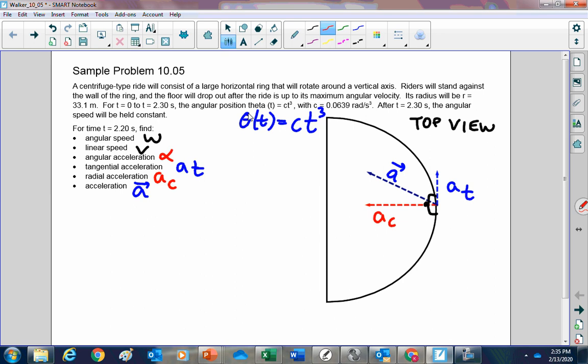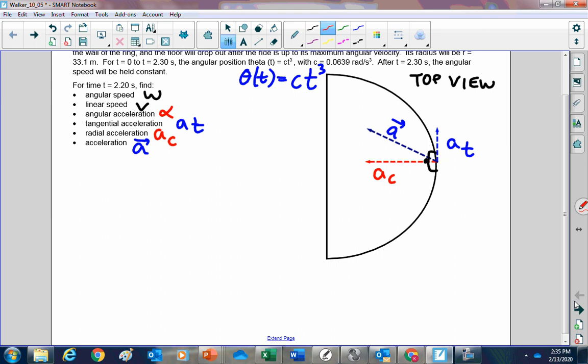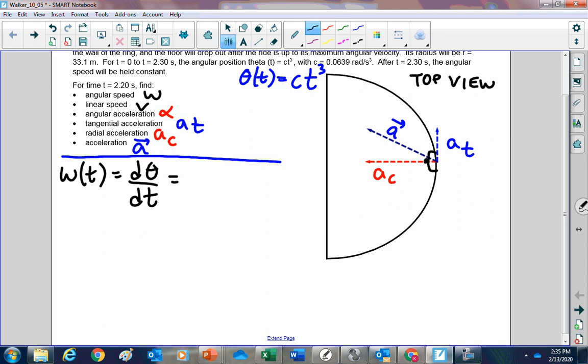Okay. Well, to find angular speed, that's the first derivative of angular position. So that's not bad. We just use the power rule here. So omega as a function of time is d theta dt, which I would write as 3ct squared, and I'm evaluating that at 2.2 seconds.